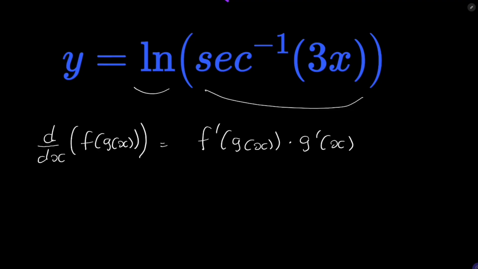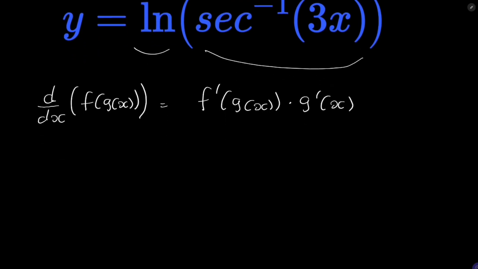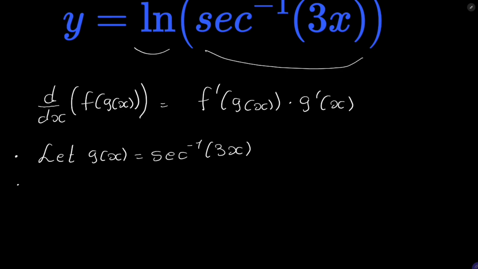So first of all we need to identify our g of x and our f of x. Our g of x is our inner function, so let g of x be equal to sec inverse of 3x. Now let f of u be equal to ln u.